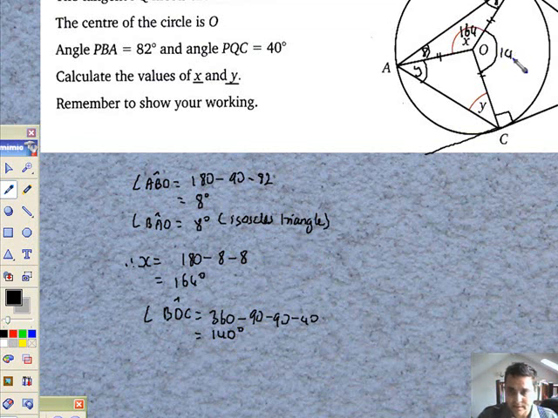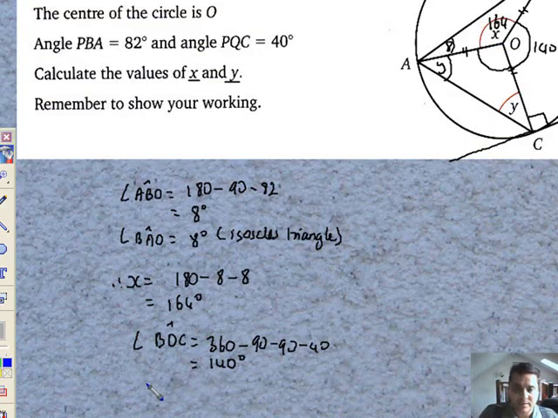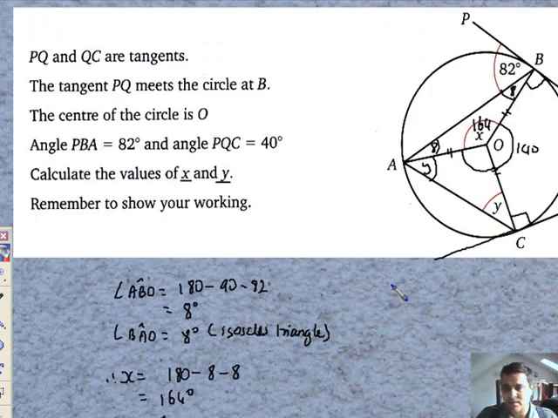So let's just write it in. Now look, I've got 140 there and 164 there. So if I combine these two, I can work out the angle inside this last isosceles triangle. So I'm now going to work out up here, I think. Angle AOC this time is going to be 360, take away 164, take away 140.